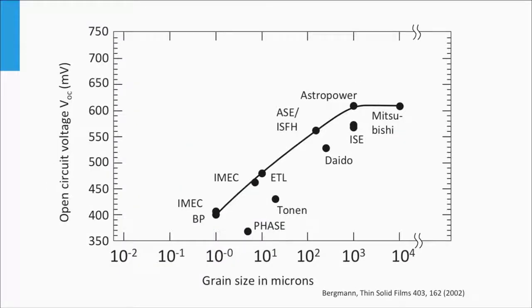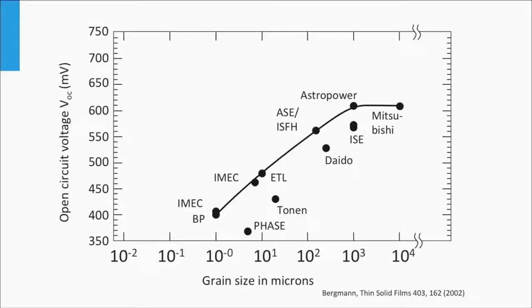In this figure from a paper of Bergman, we see the relation between the open circuit voltage of various solar cells developed over the world based on the multicrystalline wafers. On the horizontal axis, the average grain size of the multicrystalline silicon absorber layer is shown.